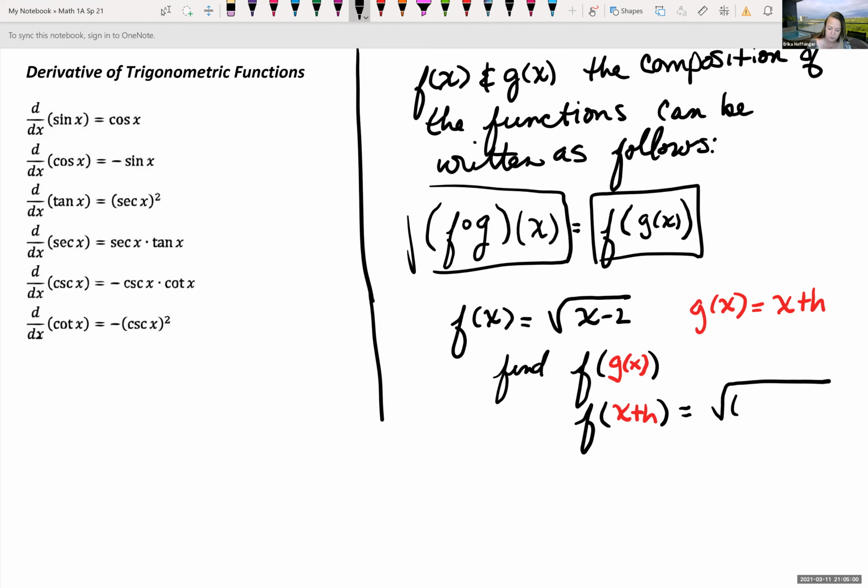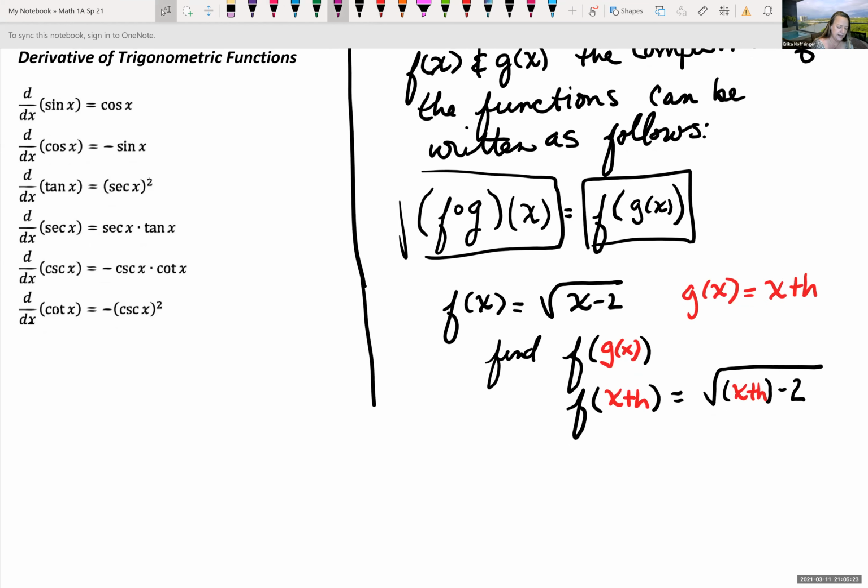Wherever we see an x, we put parentheses, and we replace that with x plus h, and then minus 2. So the composition, we've pretty much been doing composition of functions as part of that difference quotient.